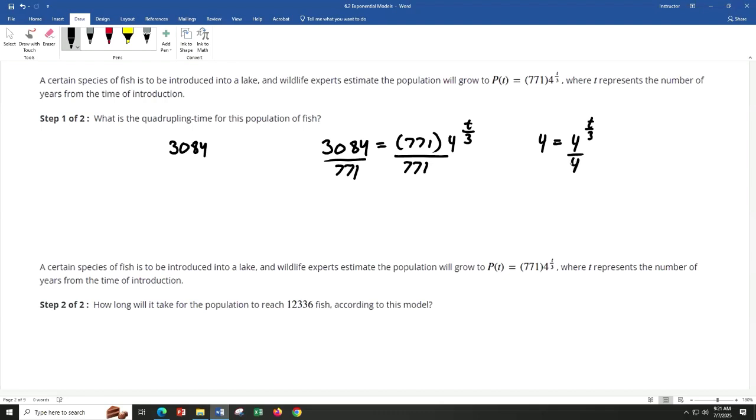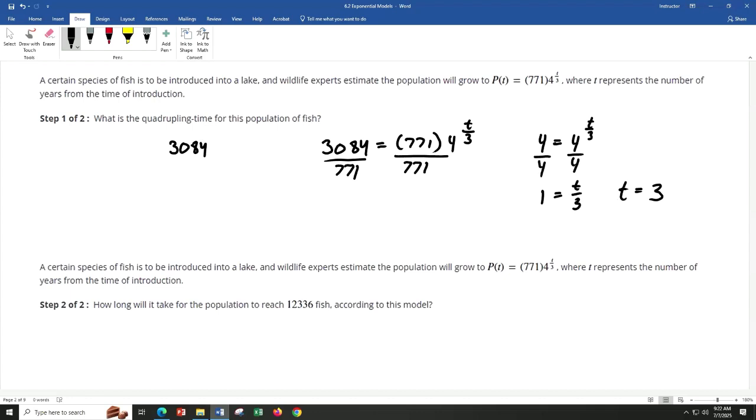How about you divide off the 4? 4 divided by 4 is just 1, isn't it? 1 is equal to, what's left over here, T over 3. Multiply that 3 up. T is going to equal 3 years.